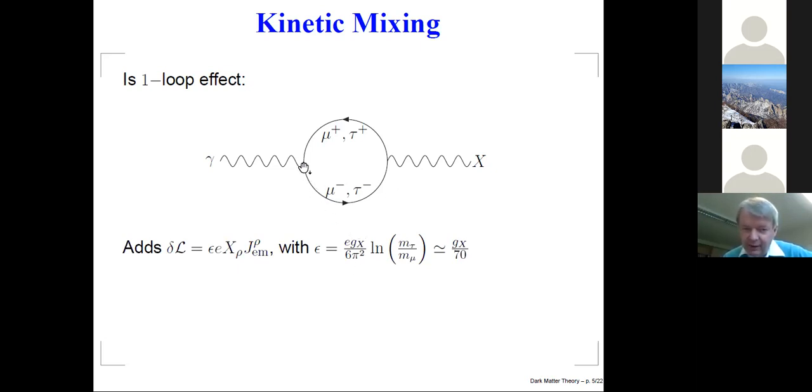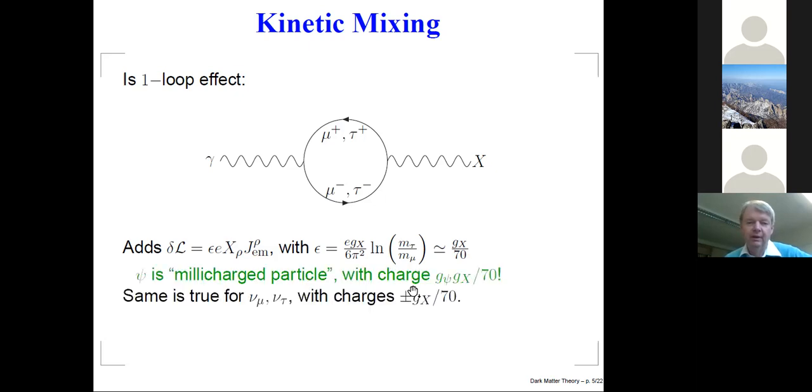It has one electromagnetic, one new coupling, so it's e Gx, this loop factor, and again, is proportional to the logarithm of the ratio of these masses. So if the masses were the same, the limit of unbroken symmetry, this would go away. But because we know that tau is heavier than mu by a factor of 18 or so, this is a non-vanishing contribution, and it amounts to about 1/70th of Gx numerically.